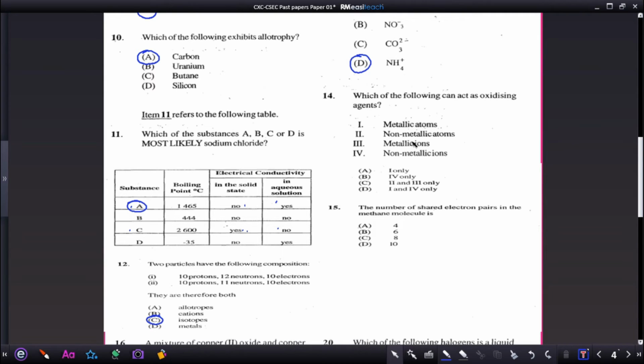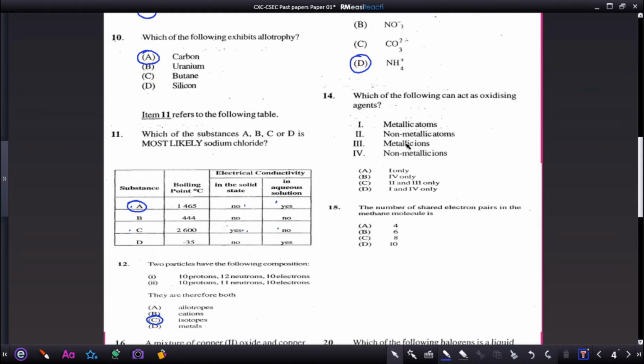Question 14. Which of the following can act as oxidizing agents? Remember, oxidizing agents undergo reduction at the same time while they cause other species to undergo oxidation. The metals are known for their good reducing properties. So they are very good reducing agents, even though they undergo oxidation.